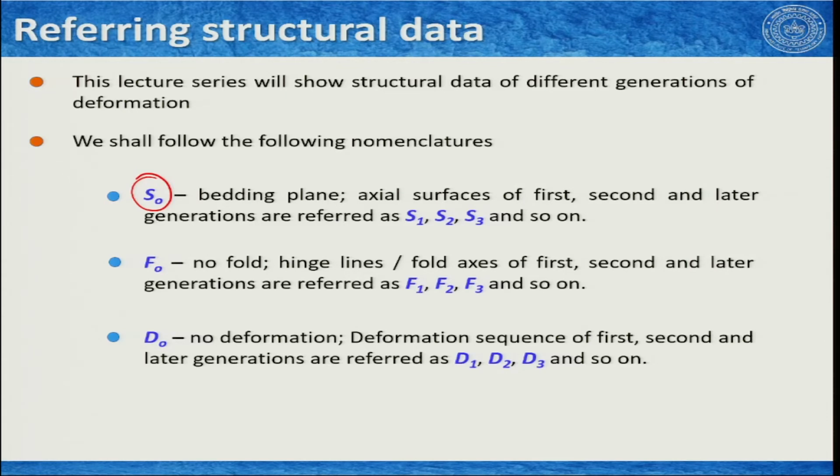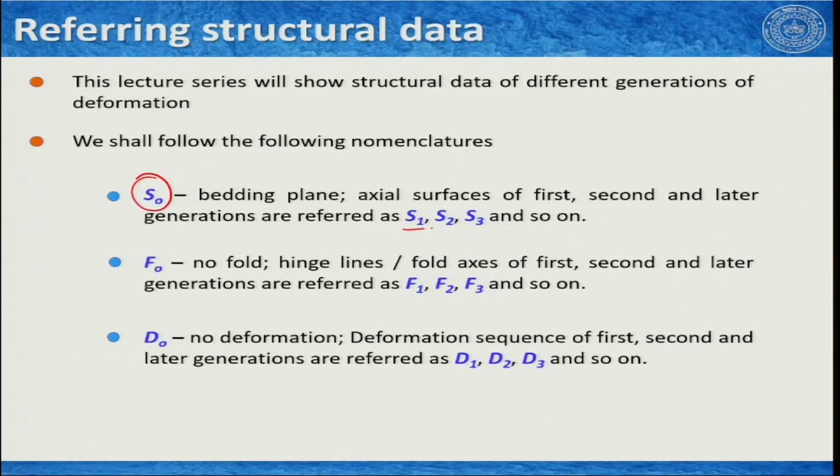Whenever we see them, we will measure and always refer to them as S0, and successive deformation planes would be referred to as S1, S2 and S3. That means S0 is developing S1, S1 is developing S2, S2 is developing S3 and so on. That is a very straightforward way to say it, but we will see how it goes.